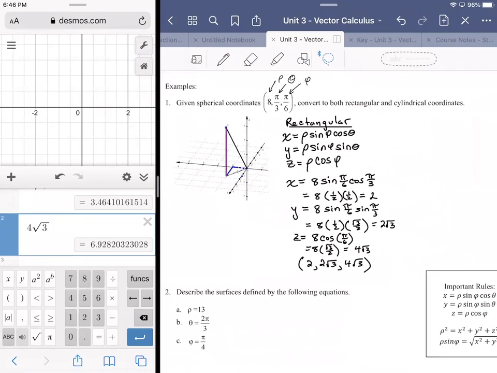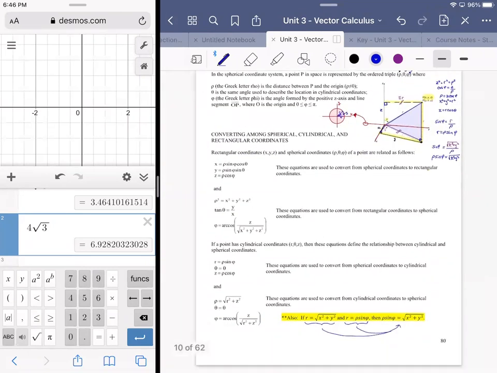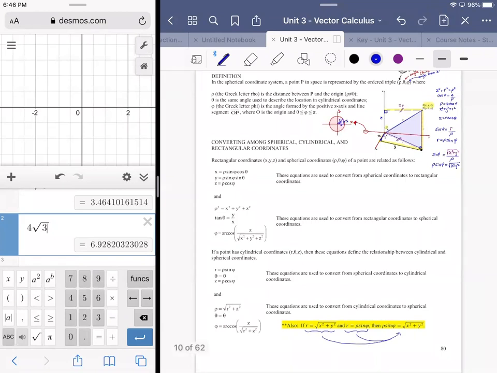Now, to get it to cylindrical, we can go one of 2 ways. We can use relationships that would convert directly from spherical to cylindrical, and that would be these bad boys.